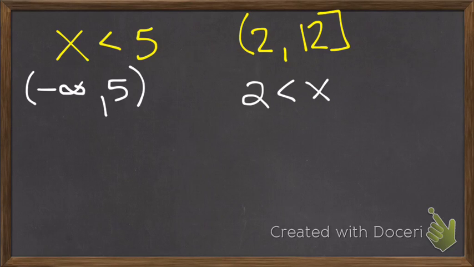X is less than or equal to 12. Correct. If your interval goes from 2 to 12, that means x is between 2 and 12, and it's less than symbols. Always less than when you write these intervals, guys.